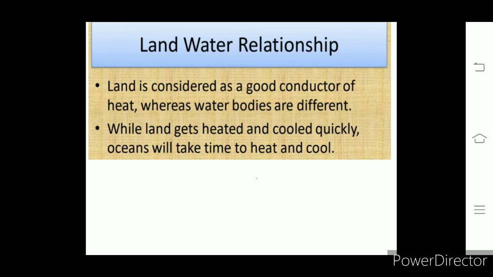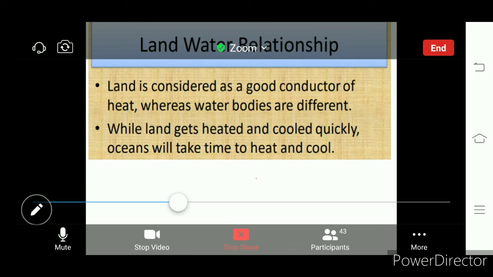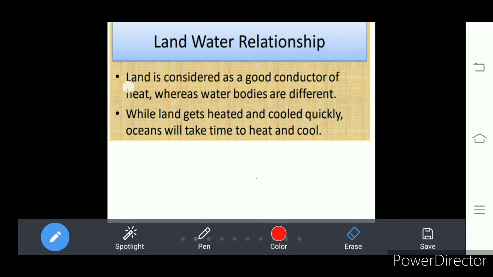between temperature and the land and water relationship. We know that our earth is covered with land and water, that is continents and oceans. Here, land is a good conductor. What do you mean by good conductor? It absorbs heat. What do you mean by heat? Once insolation is received, heat is generated.